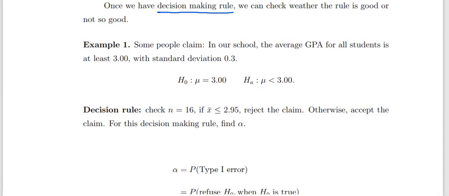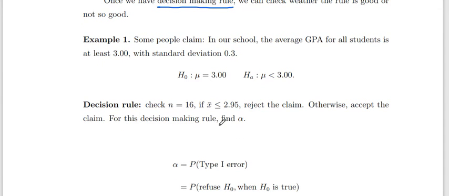Suppose for this hypothesis, H0 is mu equal 3.00. Here we are talking about average GPA, and we say maybe not so good, GPA will be less than 3.00.